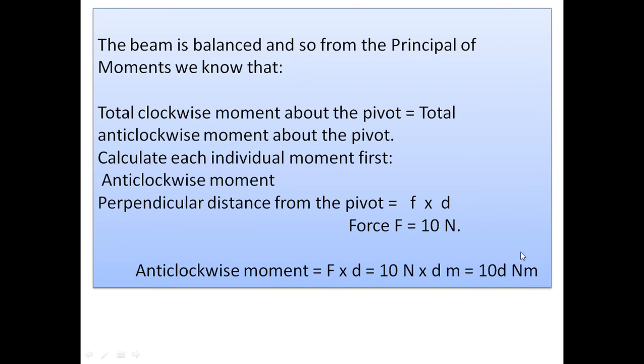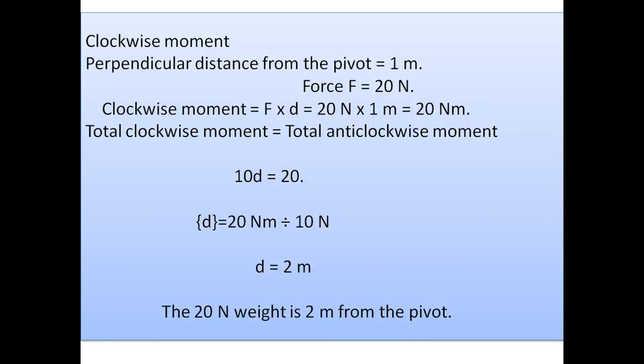This is the unit. That is anti-clockwise moment. Then we will find the clockwise moment. How do you calculate? Perpendicular distance from the pivot is 1 meter. Force is 20 Newton. The clockwise moment equals F into D, 20 Newton into 1 meter. That is 20 Newton meters.